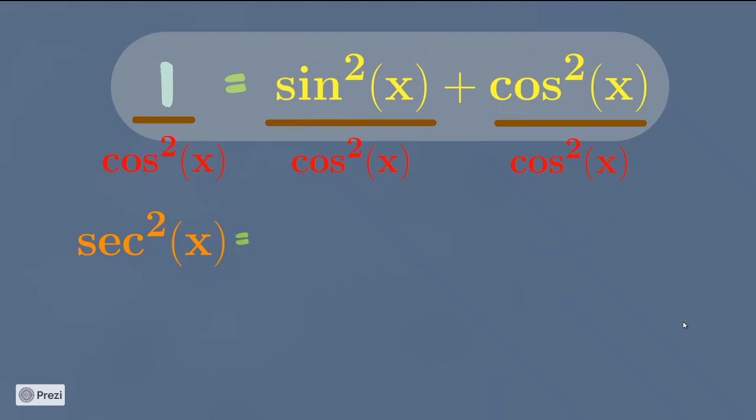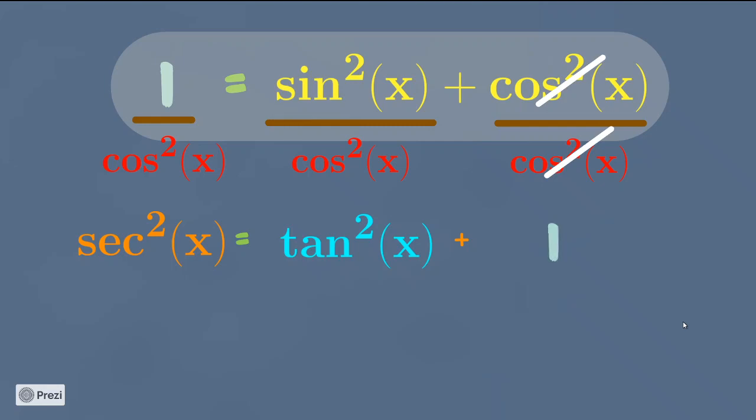That is equal to sine square x by cos square x, which is the same as sine x by cos x whole square. Sine by cos is tan, so tan square of x. Then we have cos square x by cos square x, and that gets cancelled, so plus 1.